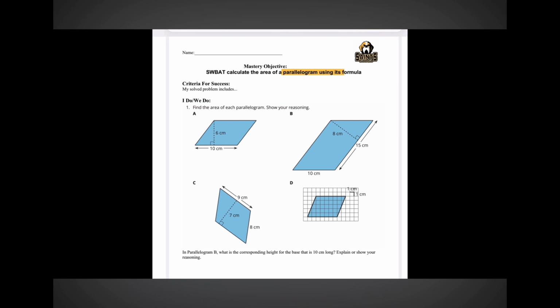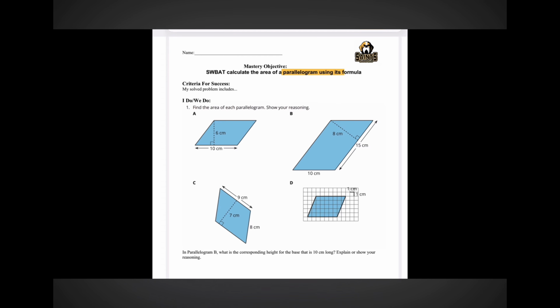This has the same criteria for success as point 2. Identify the base and the height. How can I draw a perpendicular line to a side? And then number 2, identify the formula for the shape. How do I find the area of a parallelogram?